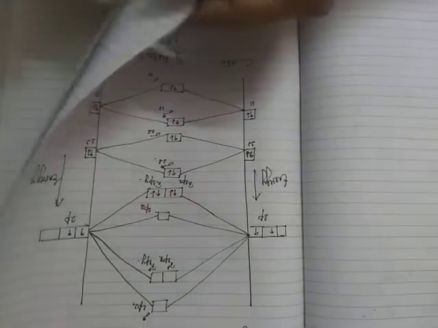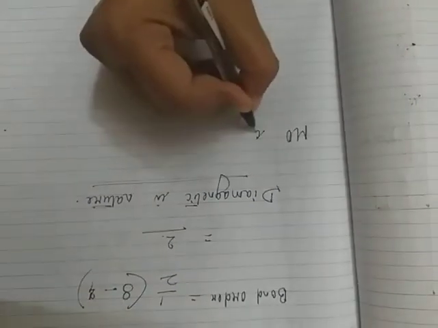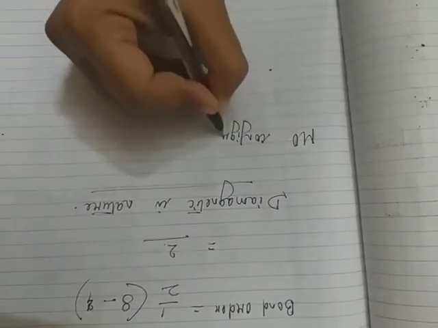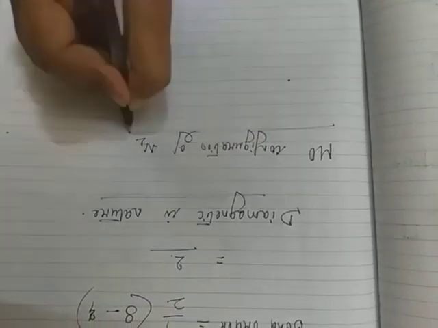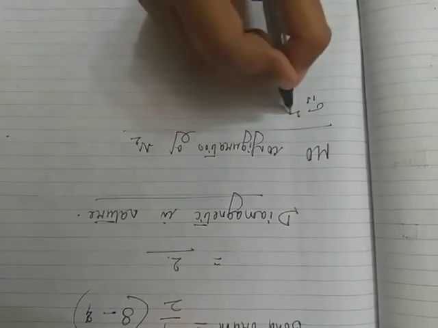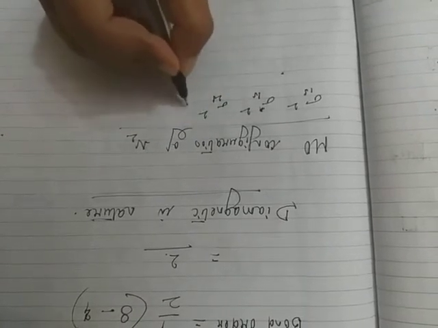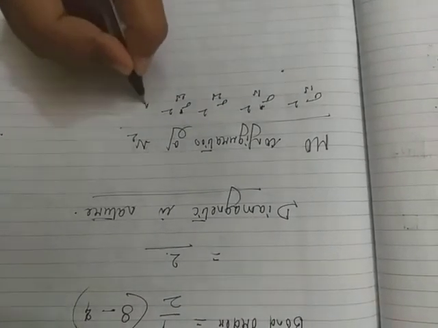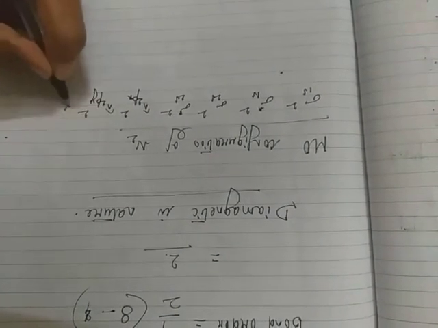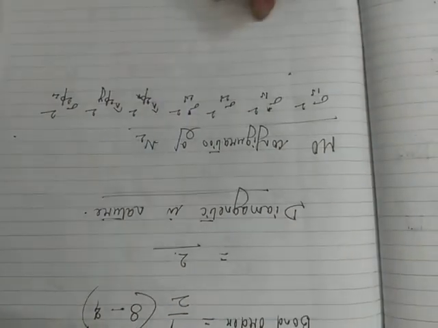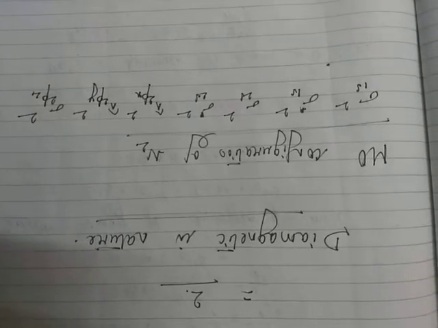Then I am writing just the molecular orbital configuration of nitrogen. This will be sigma 1s2, sigma star 1s2, that is anti-bonding, sigma 2s2, sigma star 2s2, pi 2px2, pi 2py2, sigma 2pz2, and all anti-bonding orbitals, sigma or pi, would remain vacant.